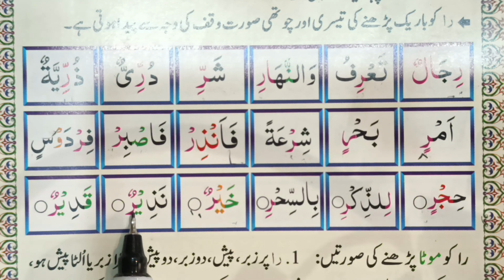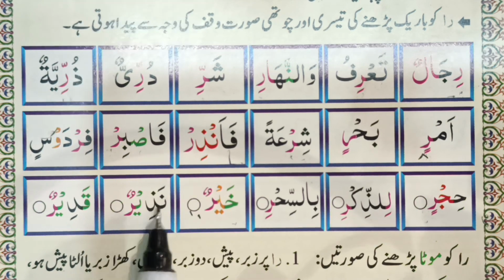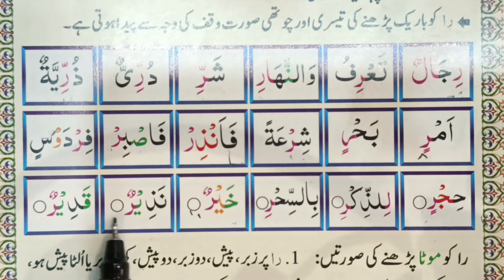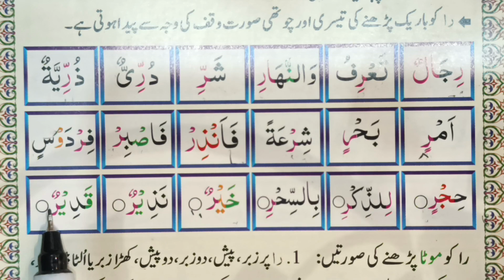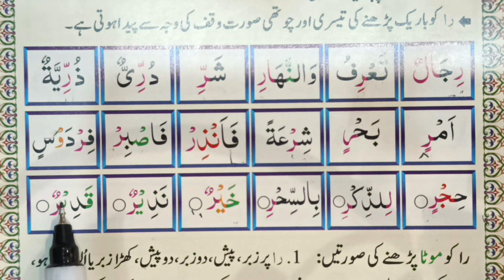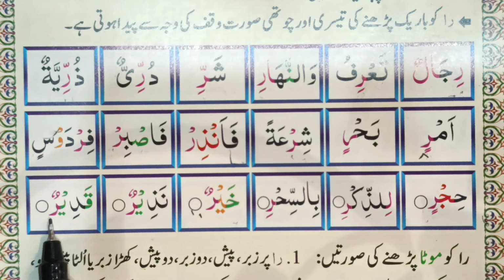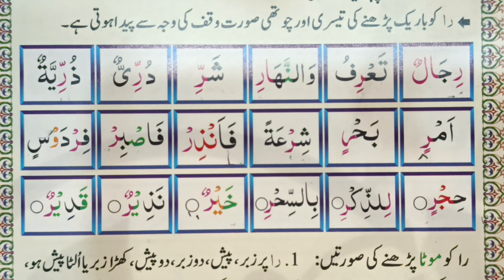That's why we are making a thin sound. Nadir. This is qadir, the raa thin sound because ya has jazm on top previously.